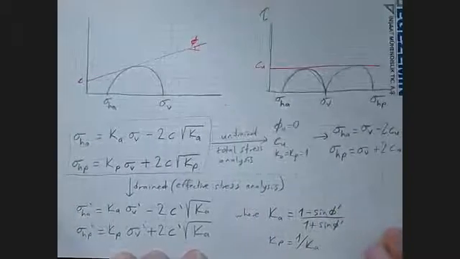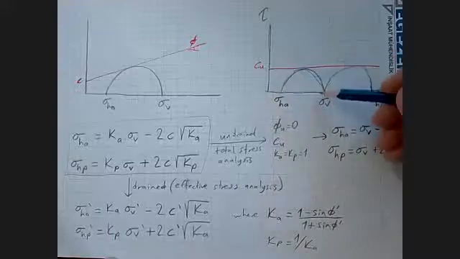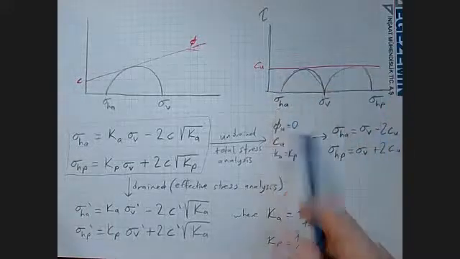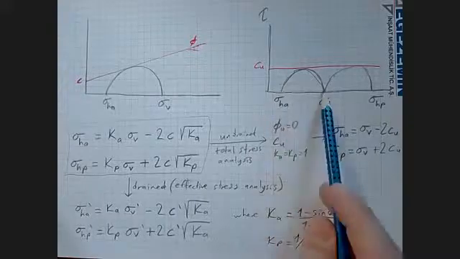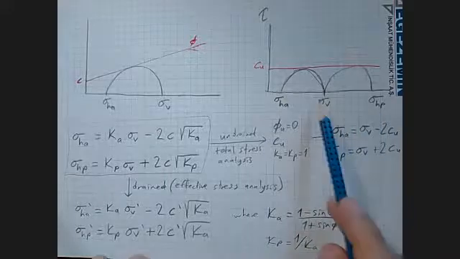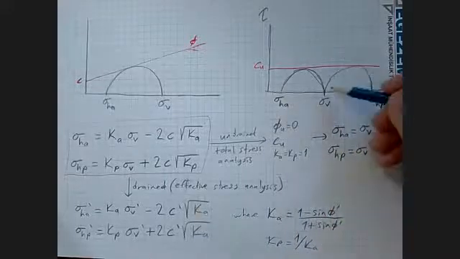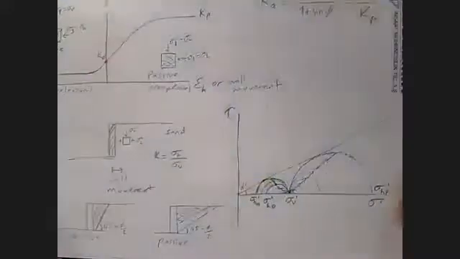So if you look carefully, Cu is the radius of the circle. So here sigma HA is sigma vertical minus 2 times the radius, and sigma HP is sigma vertical plus 2 times the radius.